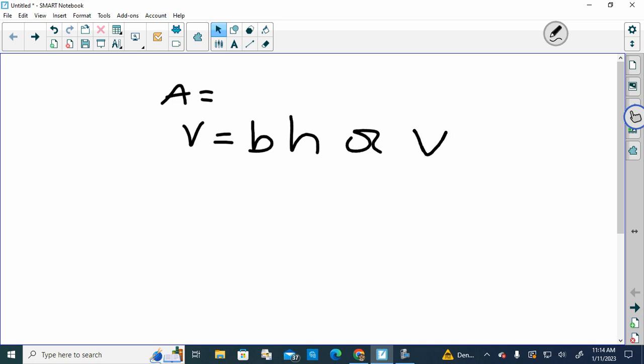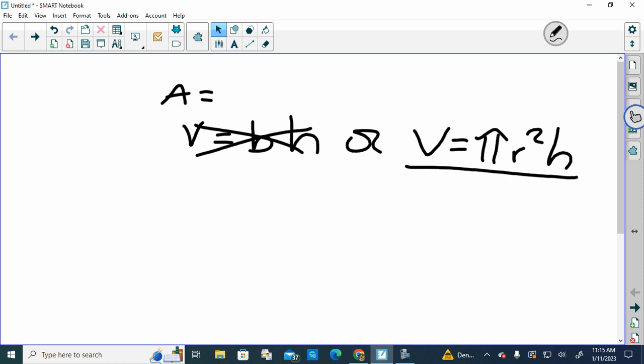Because they're telling us to use pi on this, we want to use pi, right? So volume equals pi r squared h. This is the one that you're gonna want to use. That's why I thought I gave you the wrong page when I put it on the page. So we're not gonna use that one.